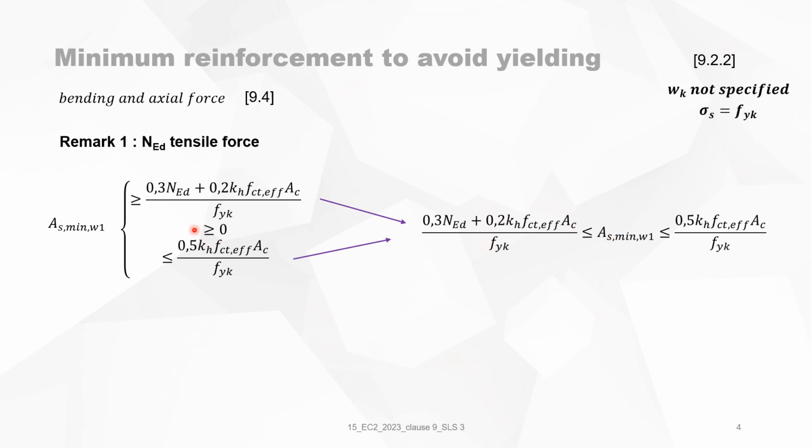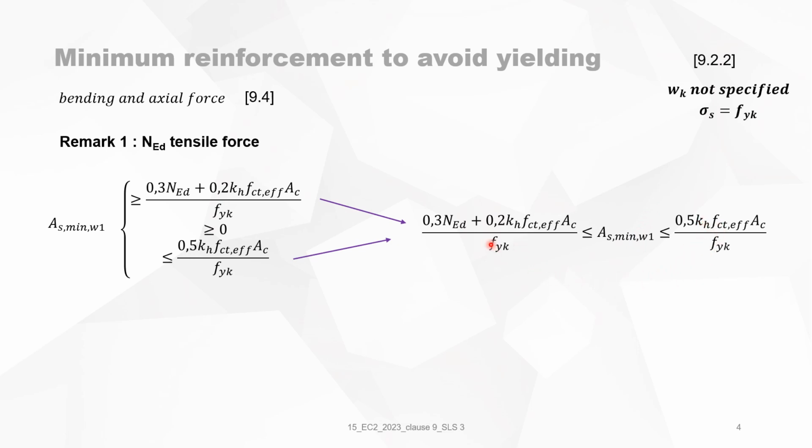That it is positive is obvious. You cannot put negative reinforcement in it. But now you will see that you have a lower limit of As,min,W1 and an upper limit. It does not say As,min,W1 is equal to a point in a formula. No, it should be between two limits.